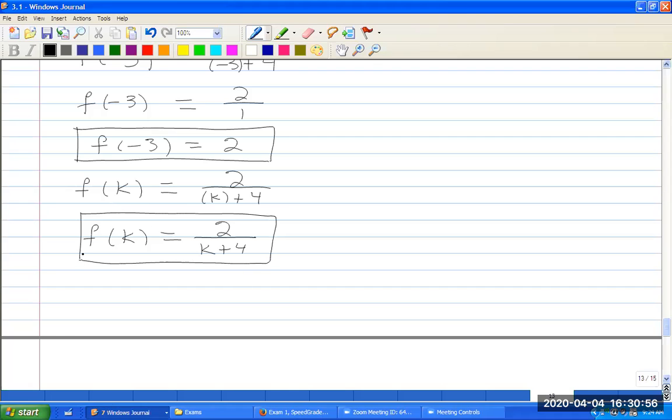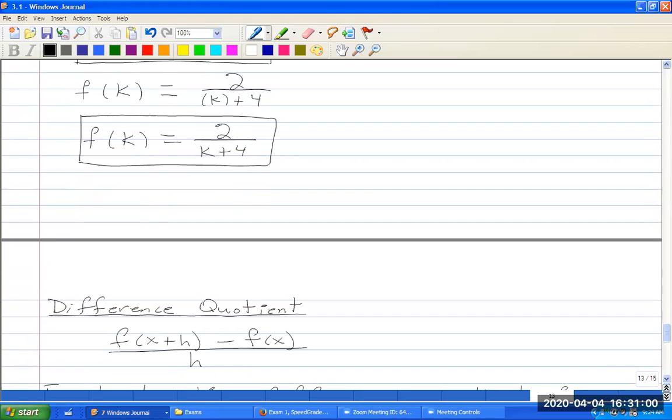And lastly, let's determine f at k squared minus 1. Let's replace here x by k squared minus 1.